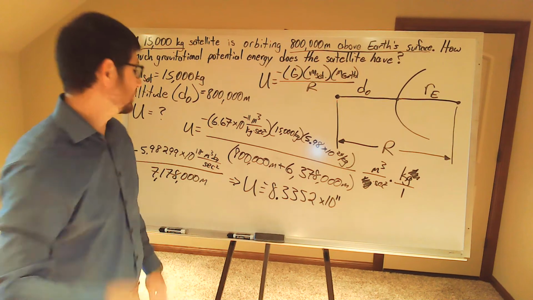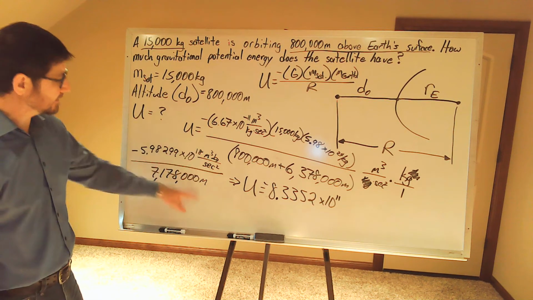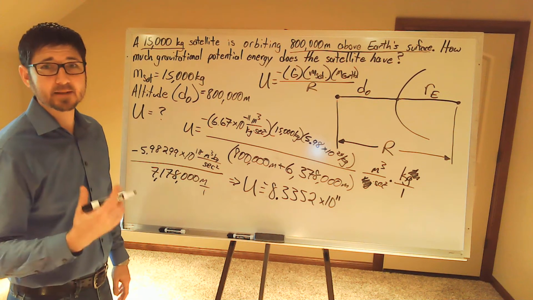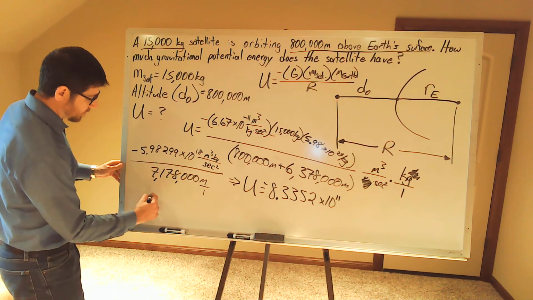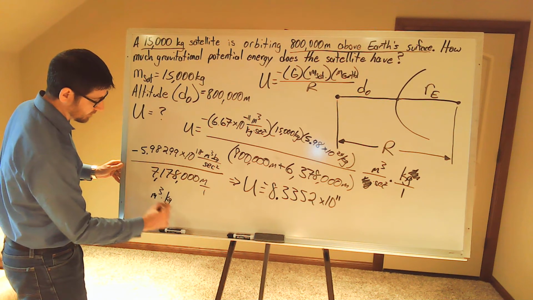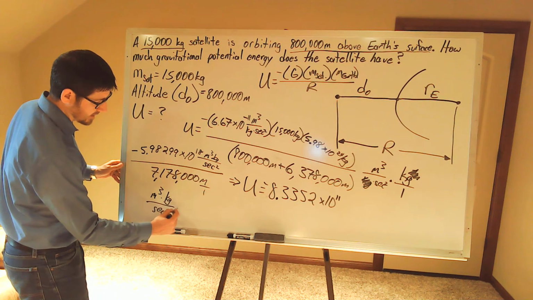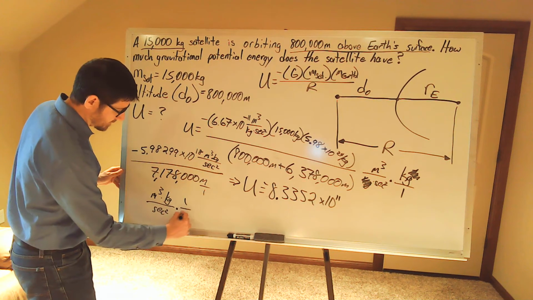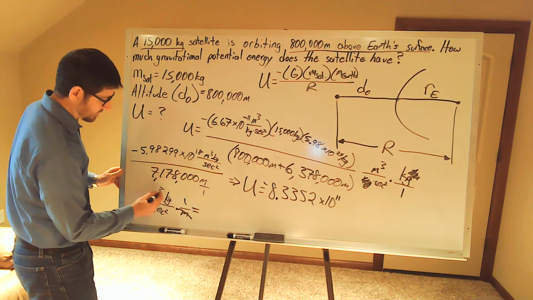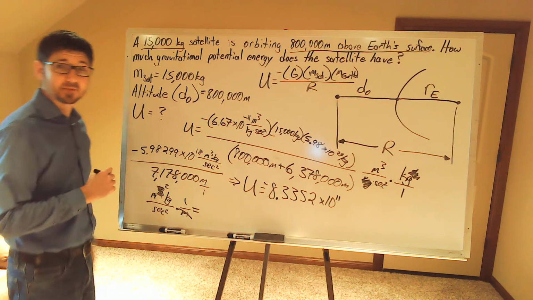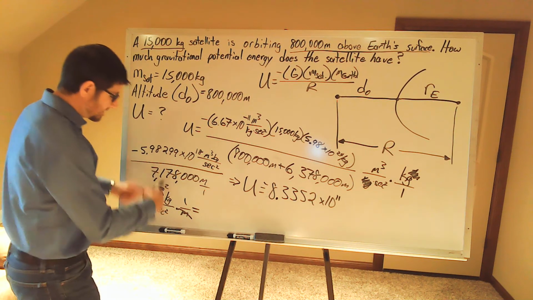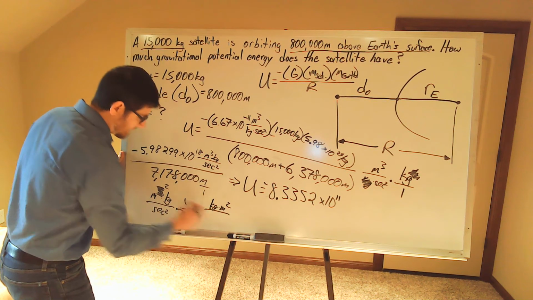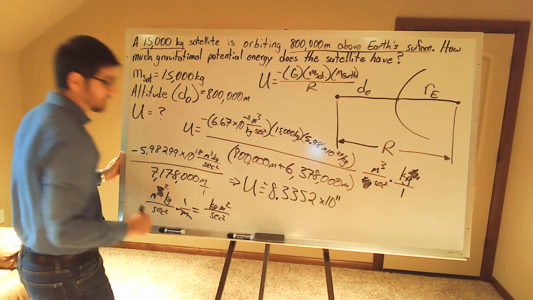Now let's talk about the unit value. Remember, when we divide fractions, it's like multiplying by the inverse of the denominator. So I have meter cubed times kilogram divided by second squared, times the inverse of our denominator, which is 1 over meter. One of the meters cancels out, leaving me with meters squared in my numerator. If I rearrange the numerator, I get kilogram meters squared divided by second squared.